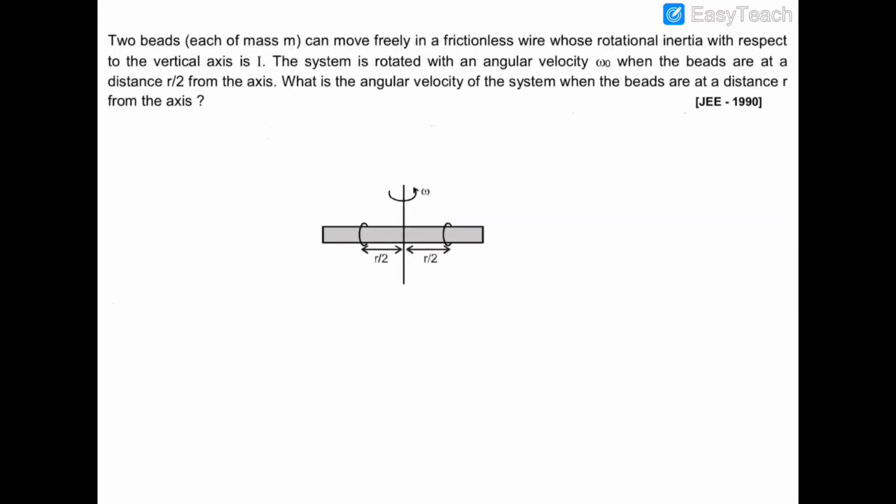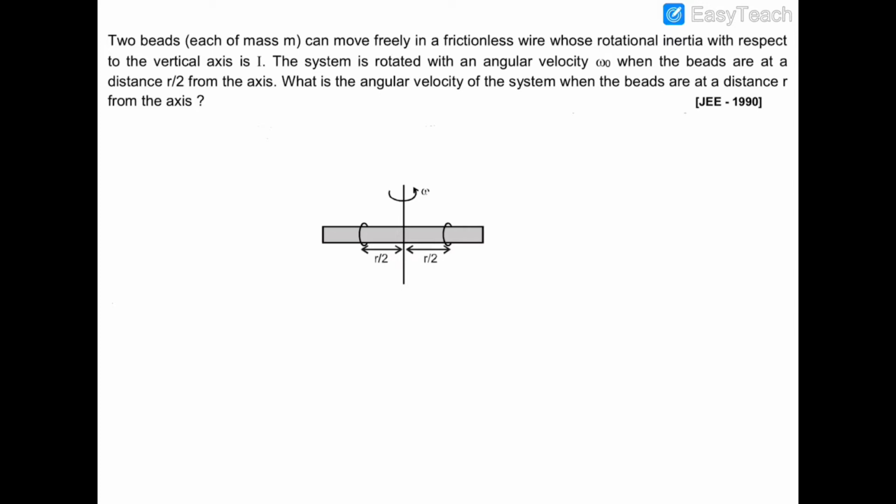In this question, there are two beads, or rings, of the same mass m, and these can move freely on a frictionless wire. This wire has a moment of inertia about this axis equal to I, and the complete system is rotated with an angular velocity of omega naught.